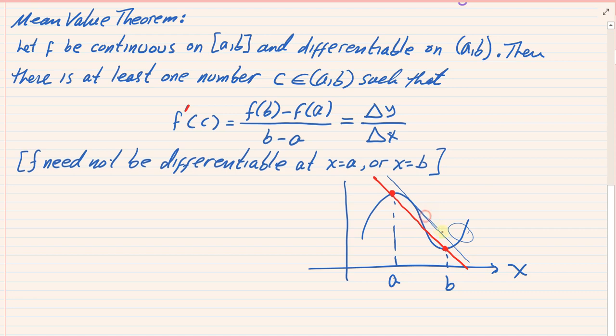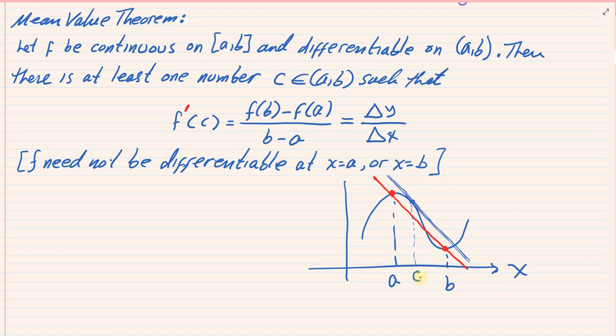And that's pretty much the tangent line at that point. The slope of this line is the same as the slope of the secant line, the red line. I mean it to be parallel to the secant line. So there you go, that's the point, and this is where c is. You see that? And that's what the mean value theorem says.